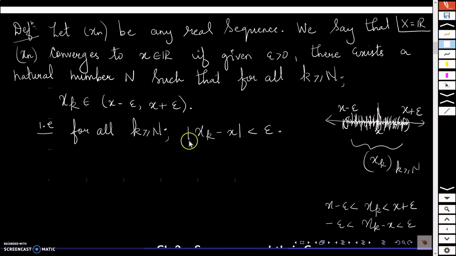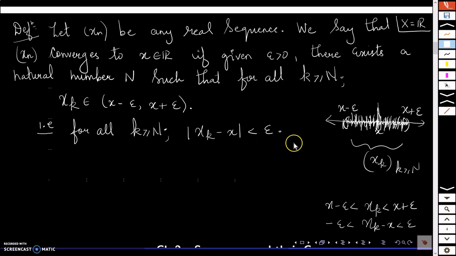That means after a certain stage, if you take the difference between the terms of the sequence xk and the point x, I can make them less than any epsilon positive I like, no matter how small or how big this epsilon is. Okay, so in some sense, it says that after a certain stage, the difference between the terms of the sequence and the point x can be made smaller and smaller.